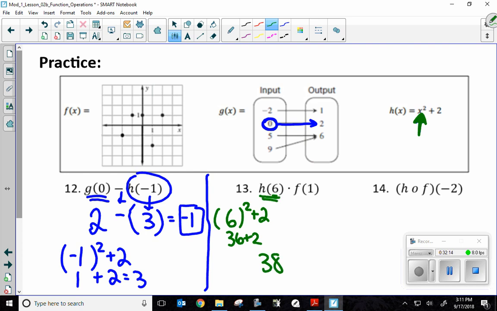But keep in mind, I've got to multiply that by whatever f of 1 is. Let's go over to our f function. When x is 1, right there, where's the point? Right here. It has a y value of negative 2. And if I multiply those two together, I should get negative 76.